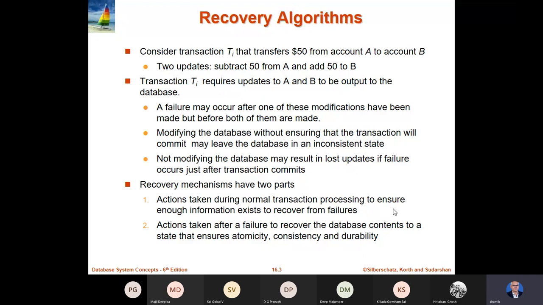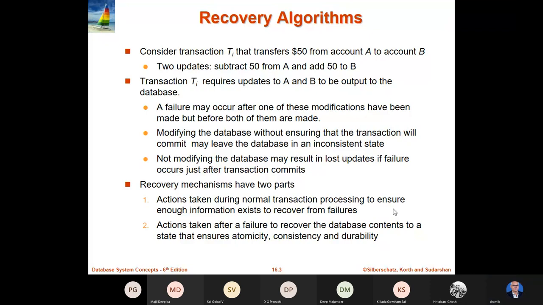Because if there is just one transaction transferring 50 from A to B, we have to ensure that either nothing happens, or, if 50 is taken from A, it becomes 1000 minus 50, that is 950, and B becomes 2050, then everything is good. But if only 50 is reduced from A but not added to B, that is something we cannot allow, even if there is a system failure of some form. So that is what we are actually talking about here.